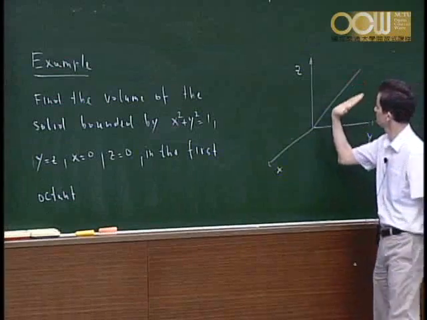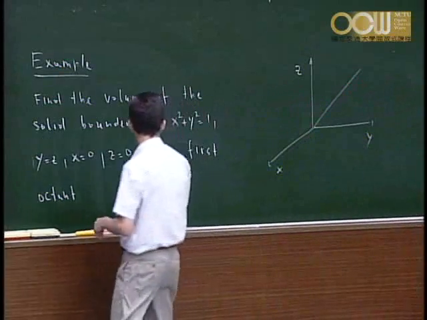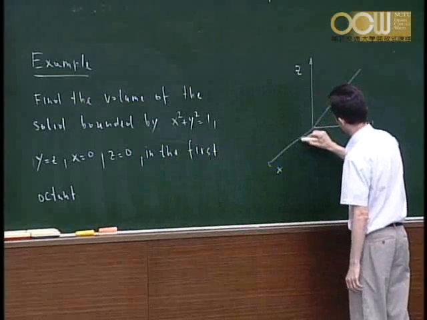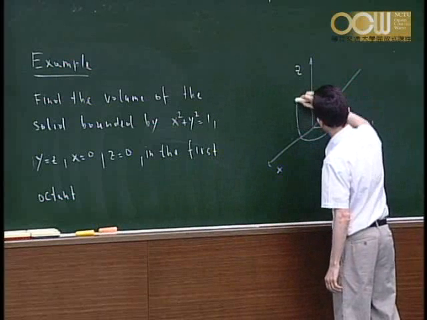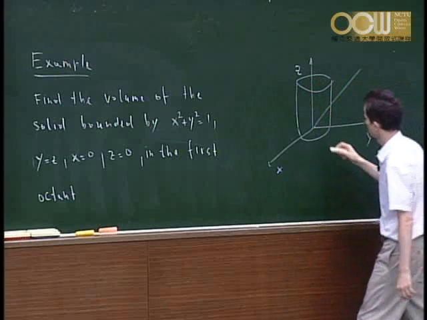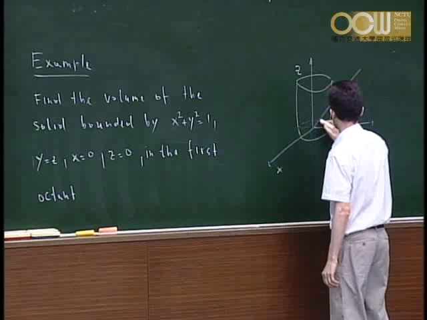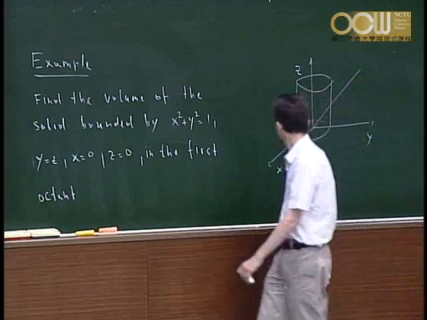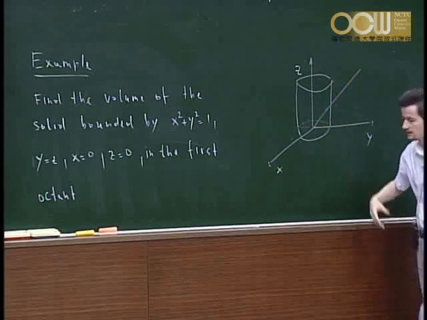And we have the cylinder x squared plus y squared is equal to 1. Okay, so this is the cylinder. So we see that if we use this plane here, we slice the cylinder into two parts.